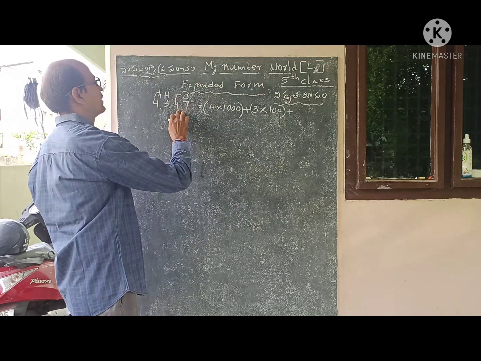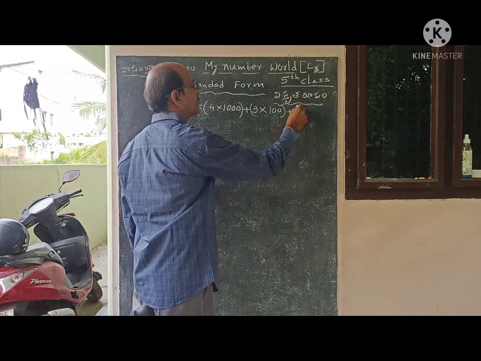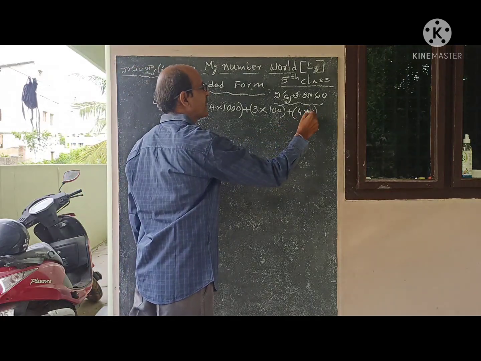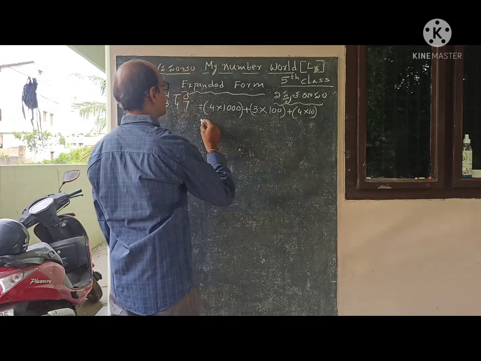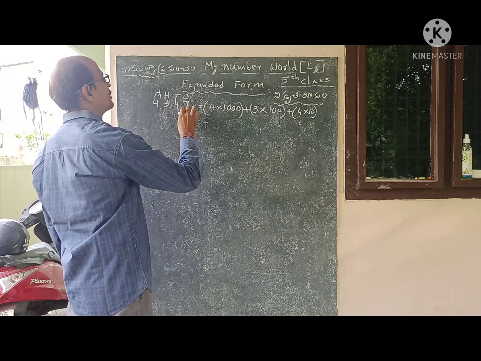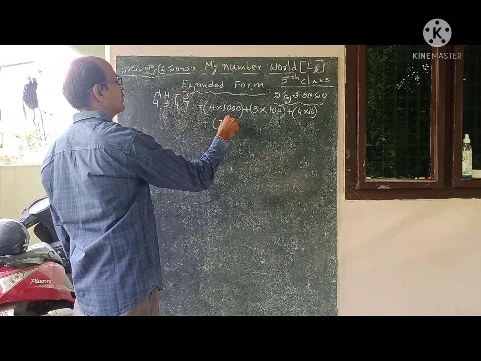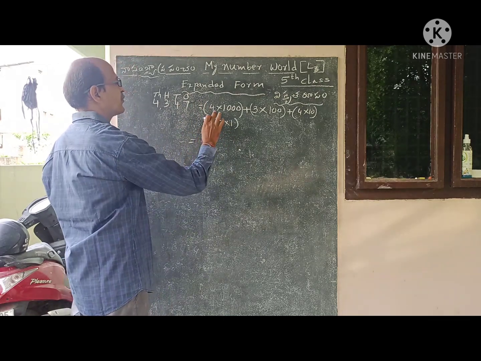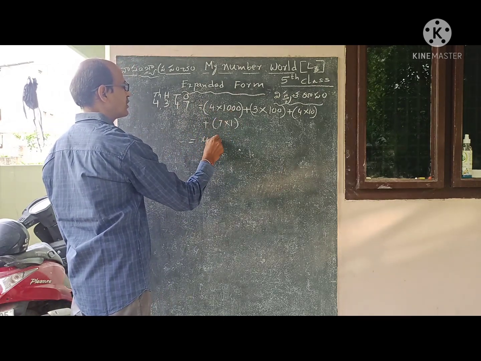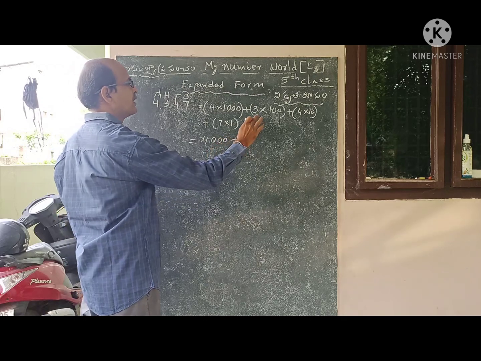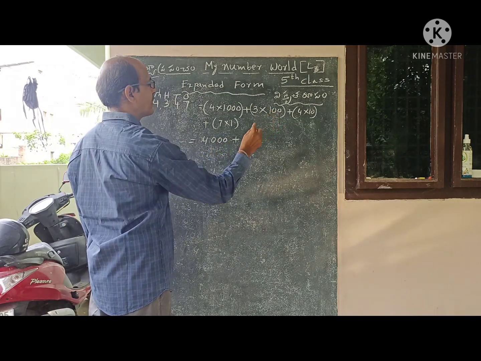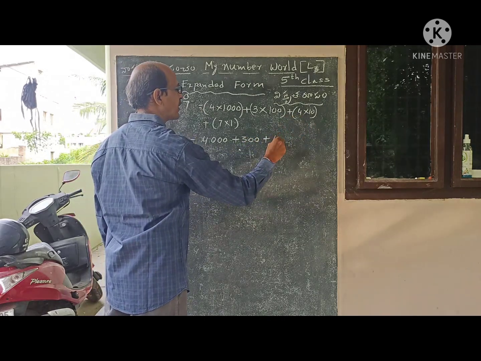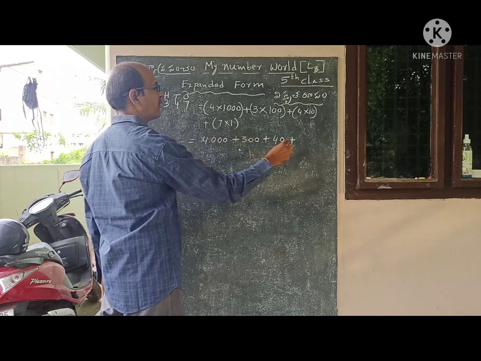Plus, next write the 4. 4 is in the tens place, so 4 into 10. Plus 7 into 1. So 4 into 1,000 is 4,000, plus 3 into 100 is 300, plus 4 into 10 is 40, plus 7 into 1 is 7.